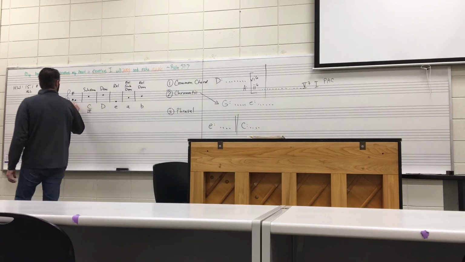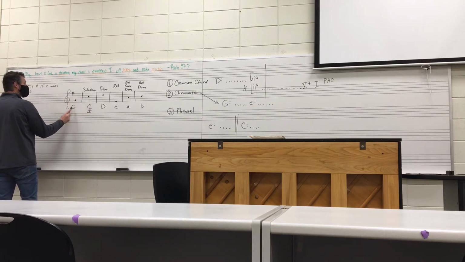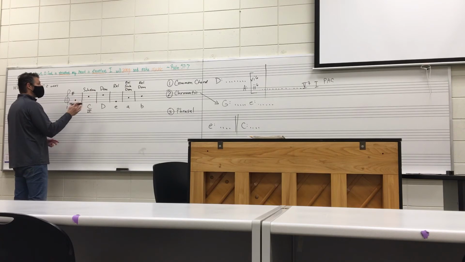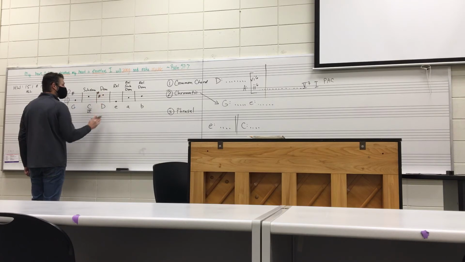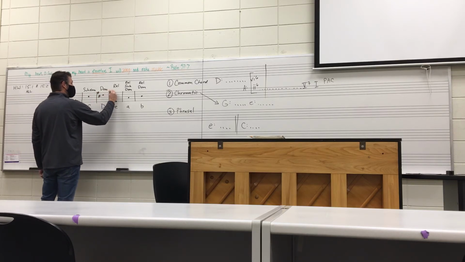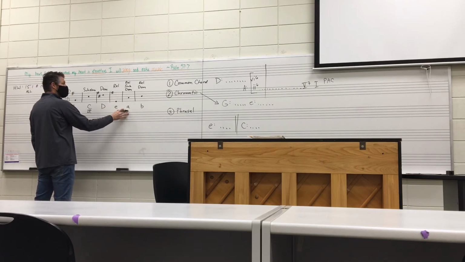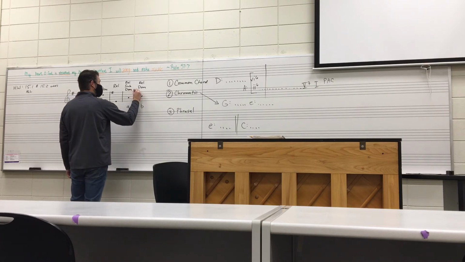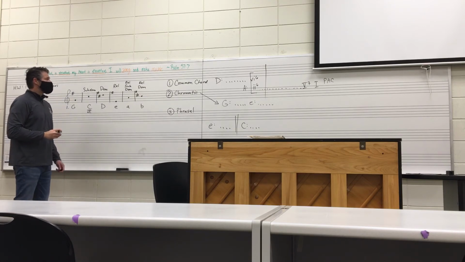In this case, we found we're in the key of G, we take the sharp away to find the subdominant, or we can add a sharp to find the dominant. Here we're back to our original key to find the relative minor, and then I'm going to take a sharp away to find the relative subdominant, or I'm going to add a sharp to the original key to get my relative dominant.